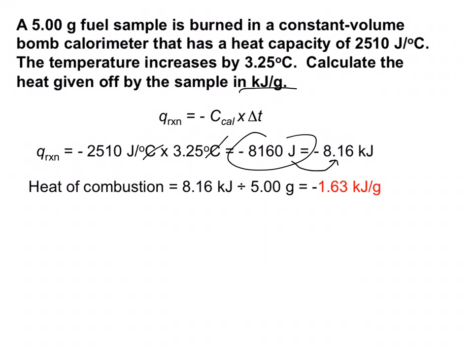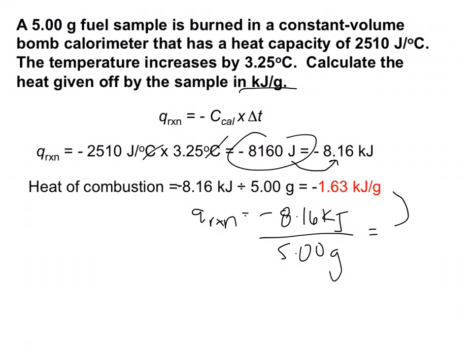So we know that our Q value is equal to negative 8.16 kilojoules, and we divide by our mass, which is 5.00 grams. That gives us this answer. So our heat of combustion, when we burn this sample, is negative 1.63 kilojoules for every gram that is burned.